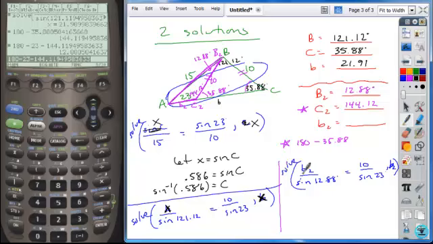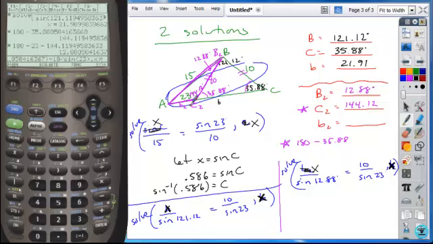Again, I'm going to change B2 to an X just to make it easier to type it in. X over the sine of this angle that we just found. Set that equal to 10 divided by sine of 23. Solve for X. And again, it's going to directly give me the measure of that length B2.